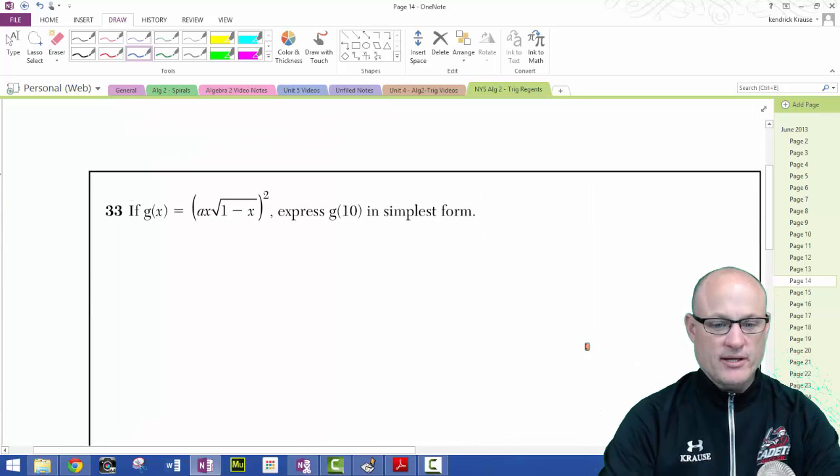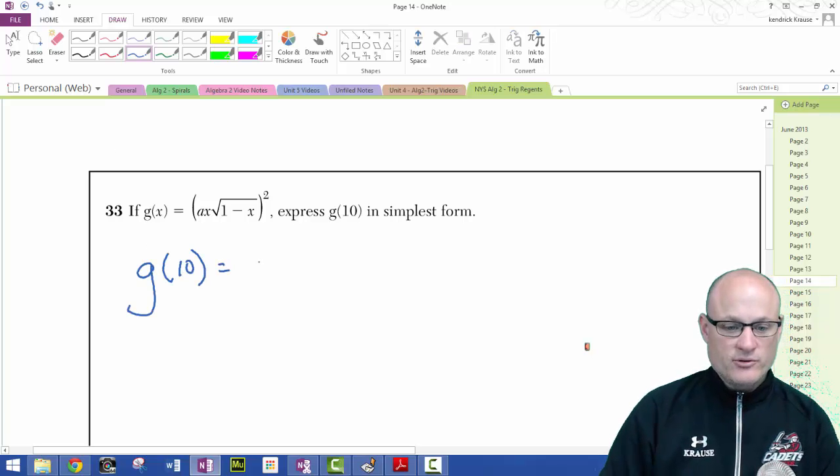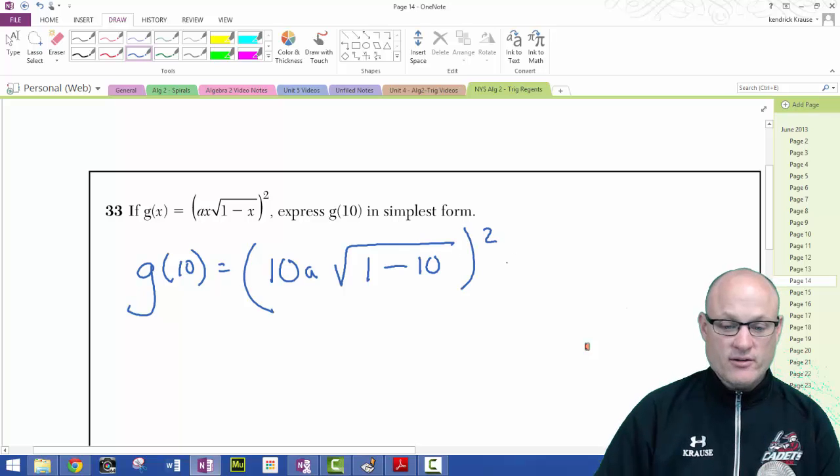All right, this isn't bad. So we're going to do g of 10 is equal to 10a times the square root of 1 minus 10 squared. We'll take care of the squared later.